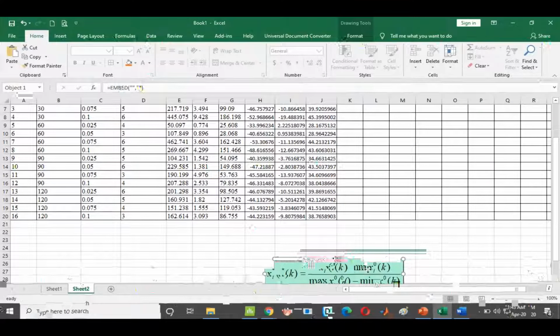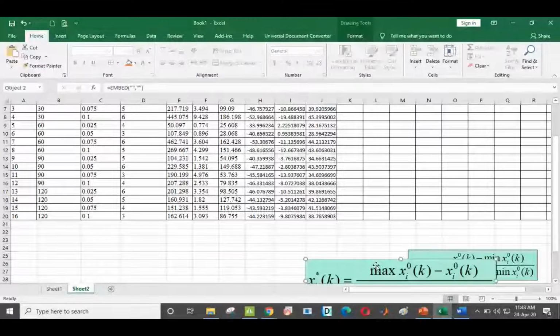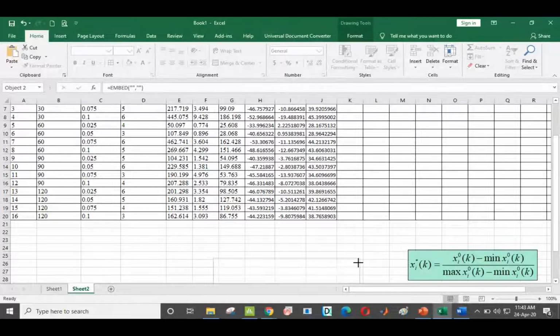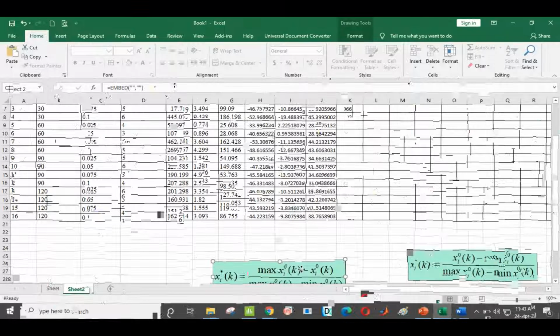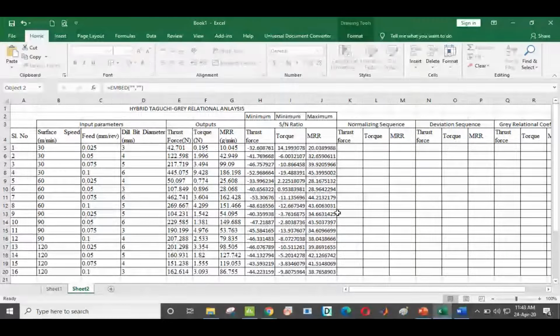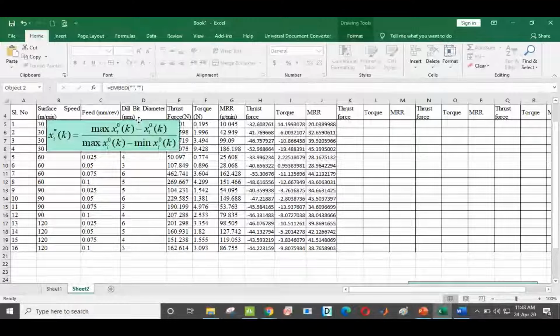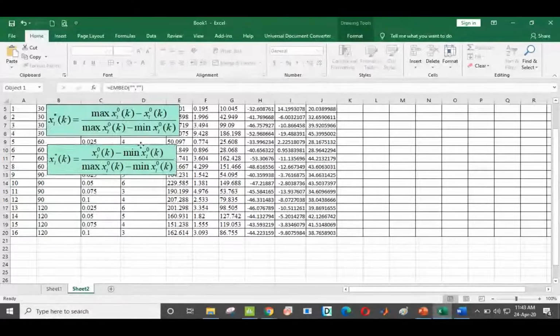I'll put it in the first category. So this is for thrust force and torque. I will fetch it here, no issues. The first one is for minimum and the second one is for maximum.